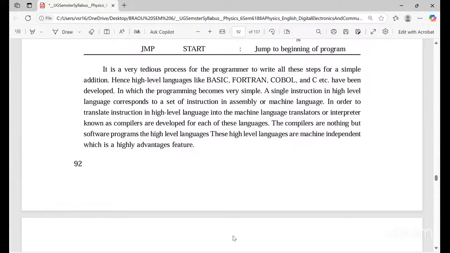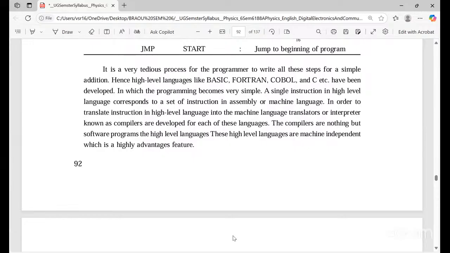So high level languages, BASIC, FORTRAN, COBOL, and C language were developed. So programming becomes very simple, and a single instruction in a high level language corresponds to a set of instructions in assembly or machine language.